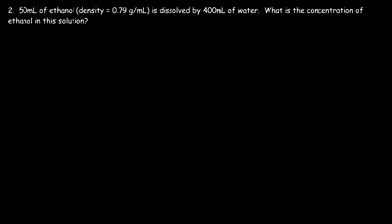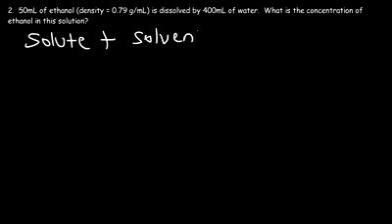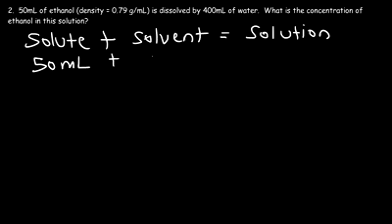Now, in order to find the concentration, we need to calculate the moles of the solute. So we've got to get the moles of ethanol and then divide it by the liters of the solution. Now, if you recall, the solute plus the solvent combined makes up the solution. So what is the volume of the solution? We have 50 milliliters of solute, 400 milliliters of solvent.